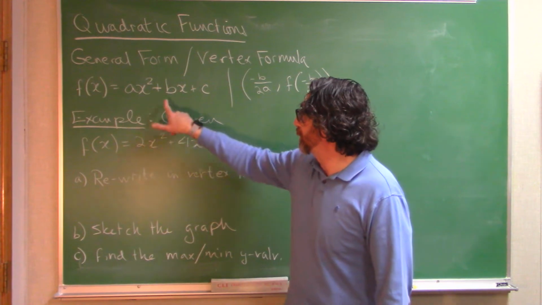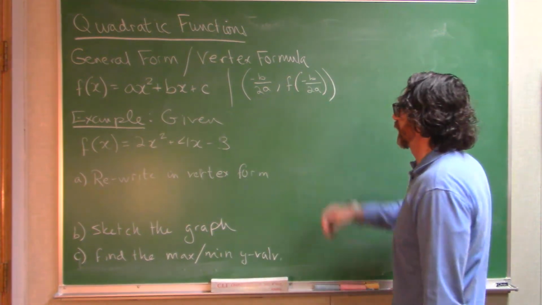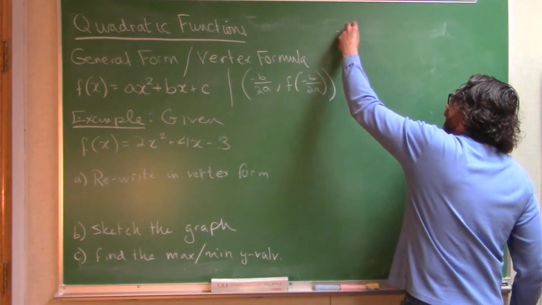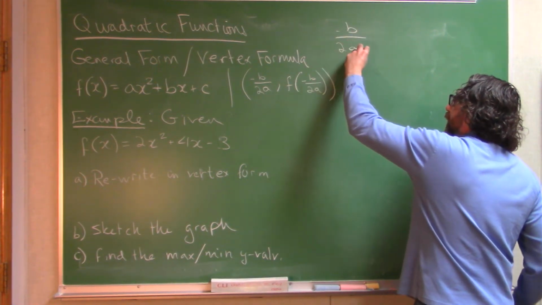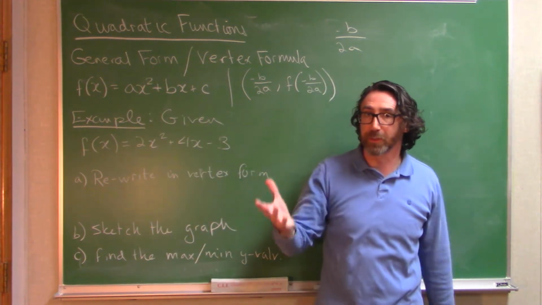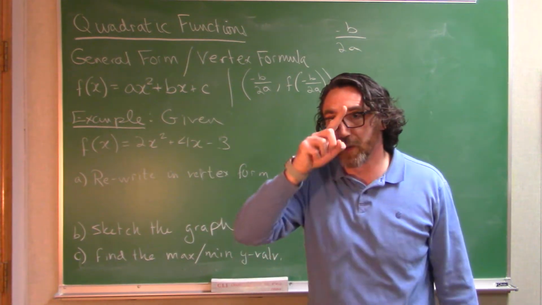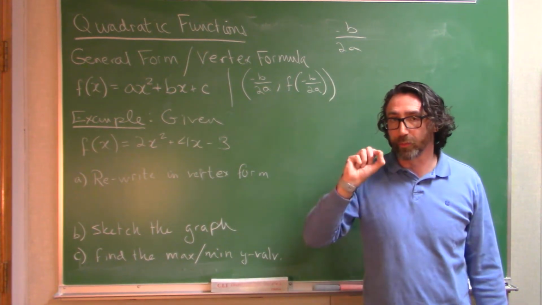A is 2, B is 4, C is -3. The vertex formula says that the x-coordinate of the vertex, because we know we've got a quadratic, the graph is going to be a U-shape, the fancy name is a parabola, and the turning point of that U-shape is called the vertex.